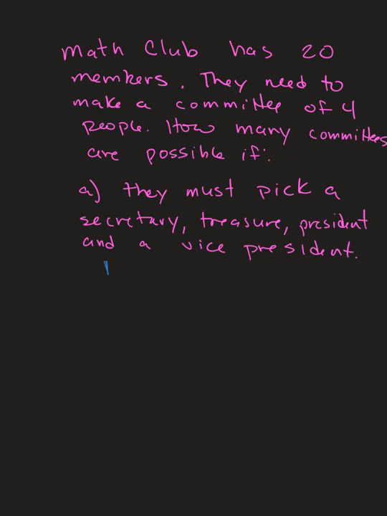This is going to be a permutation. So I am going to use P. What is the big group? How many things are in the big group? So 20 things in the big group. I'm picking 4 from that. So 20P4.